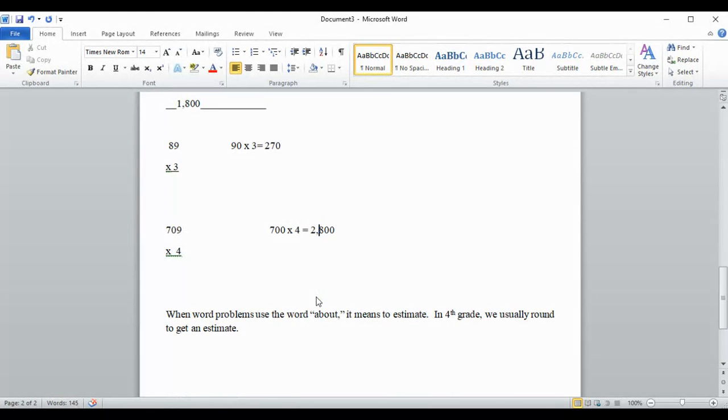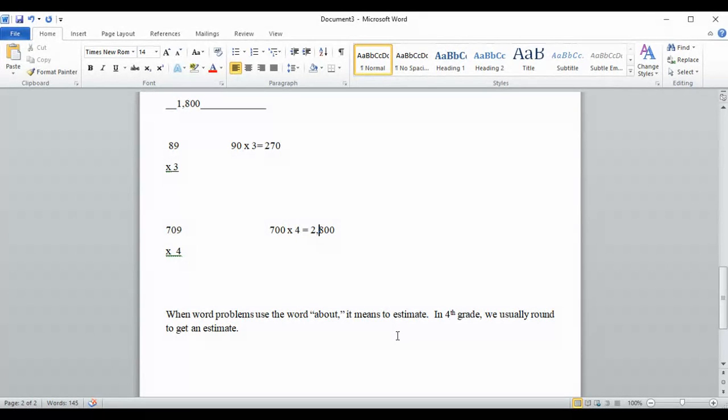All right. You also have some word problems at the bottom of your paper. And remember that when word problems use the word about, it means you're going to estimate. And in 4th grade, we usually round to get an estimate.